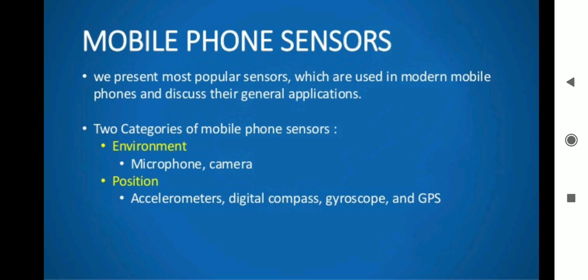Now, how does this ambient light sensor work? The sensor generates strong or weak currents according to the amount of ambient light it senses, and the phone increases or decreases the screen brightness accordingly.